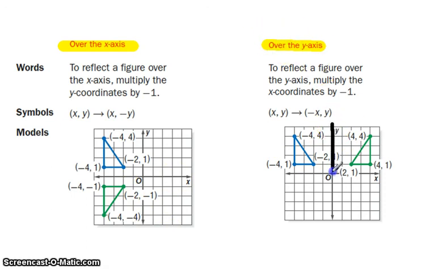Here's our y-axis right here. So when they tell us that they want us to reflect over the y-axis, this is going to be our reflection line. So you can see we start with our original, okay, and we're going to flip it or reflect it across the y-axis right here. That becomes our reflection line.